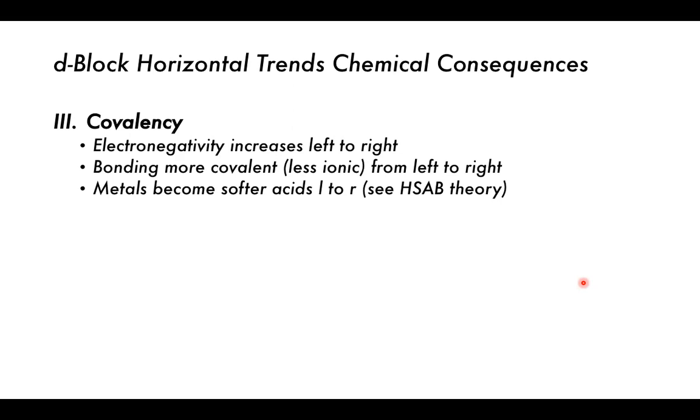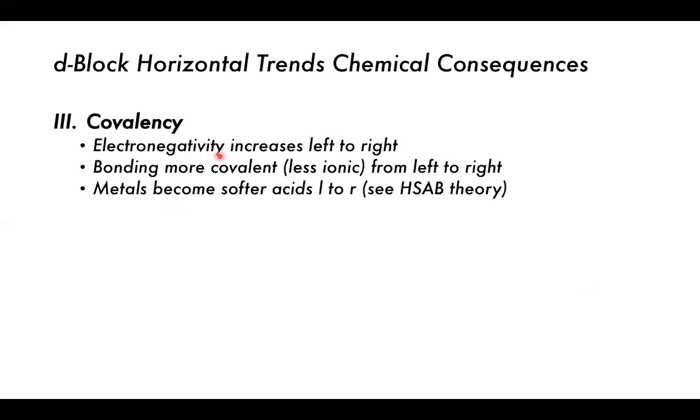If the electronegativity increases left to right, the kind of bonds that scandium and copper form with other compounds, other molecules, other ions are going to be different. So scandium is typically going to form more ionic interactions and copper more covalent interactions, because copper, being more electronegative, is more capable of sharing electrons rather than having total electron transfer.